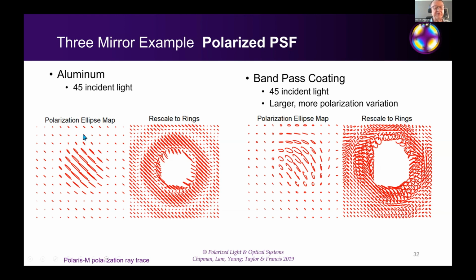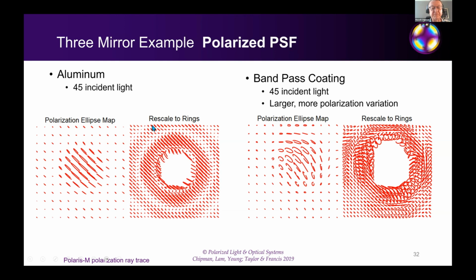And so here I have a point spread function, and I've shown the polarization state at every point in the point spread function with an ellipse. So it doesn't vary that much, okay? So it's close to an Airy disk, and it's slightly elliptically polarized.